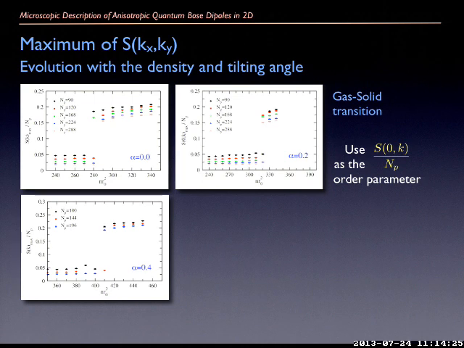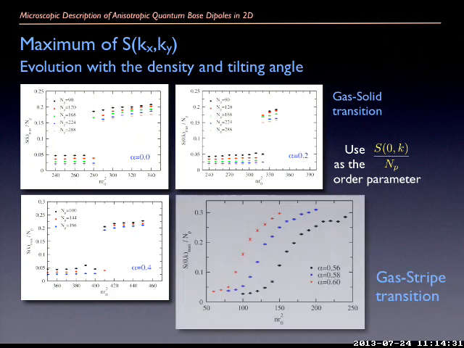You get that for alpha equals 0, 0.2, 0.4, and when you increase it, you see a different, continuous behavior. So everything seems to indicate that this transition going from gas to stripe is not first order, so it's second order. I won't say that it is second order, but it looks like it's second order all the way.